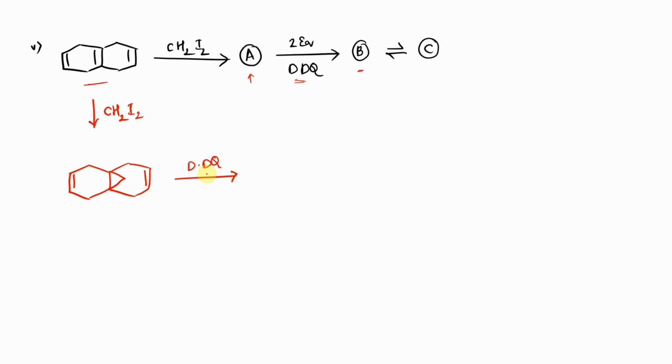Let us say it is removing a hydrogen from this position in the form of hydride, H-. So it leads to a carbocation with a plus charge, and we have a double bond here. Once the hydride has been removed, the remaining part of DDQ will be HO5O-.